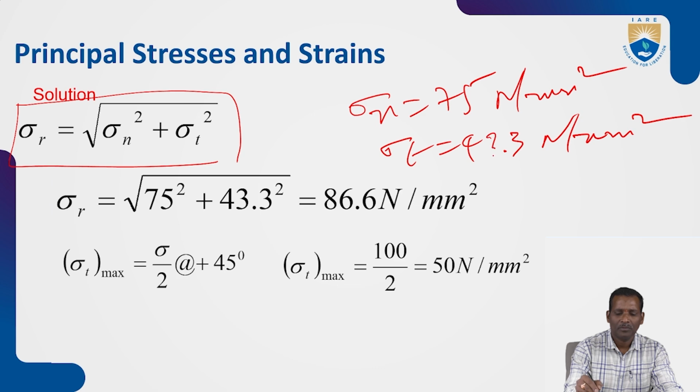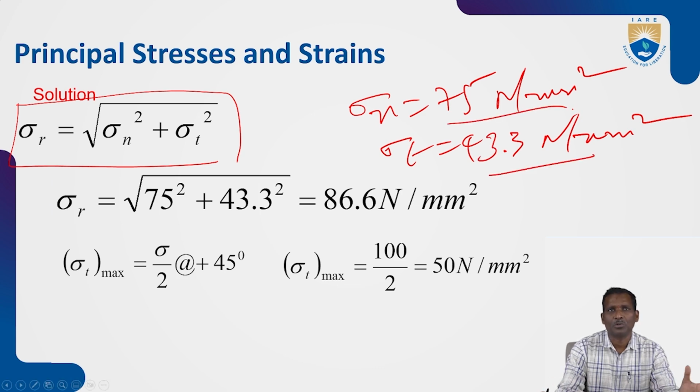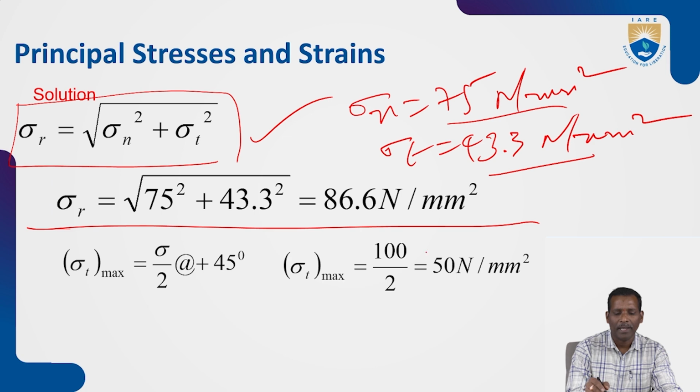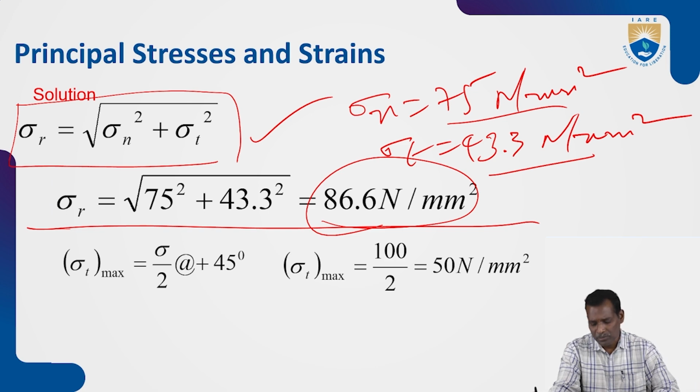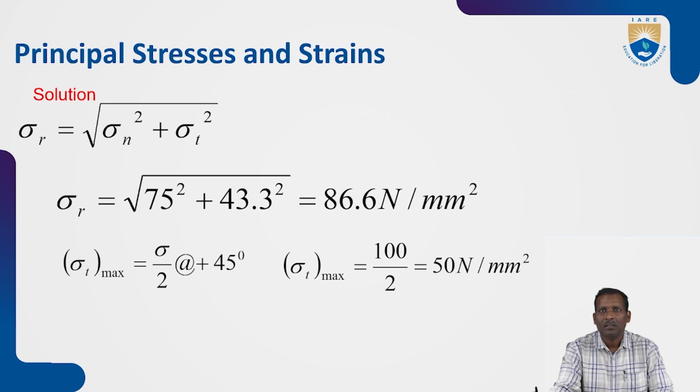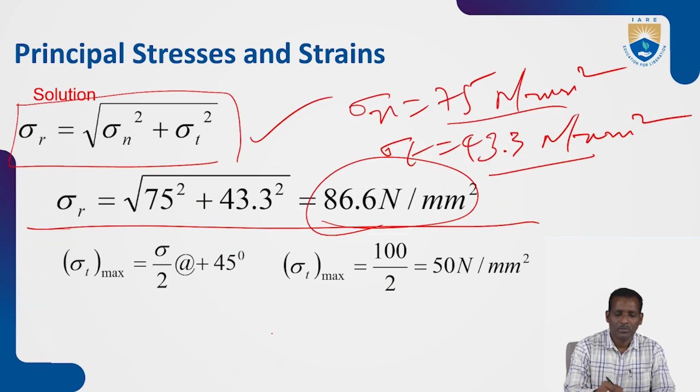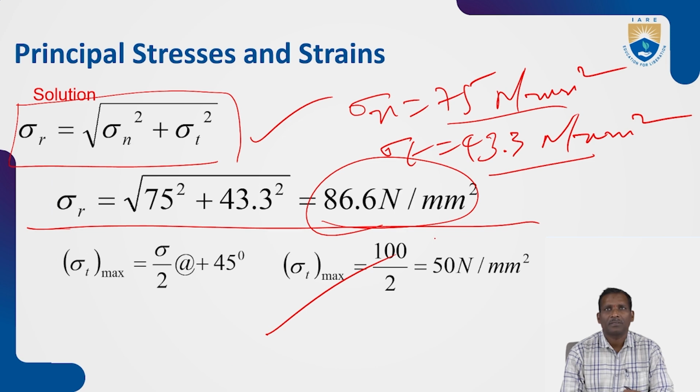Substituting these two in this equation, we get 86.6 Newton per mm square. The maximum shear stress occurs at 45 degrees, and it is sigma by 2, that is 100 by 2, so the maximum shear stress occurs on a principal plane.